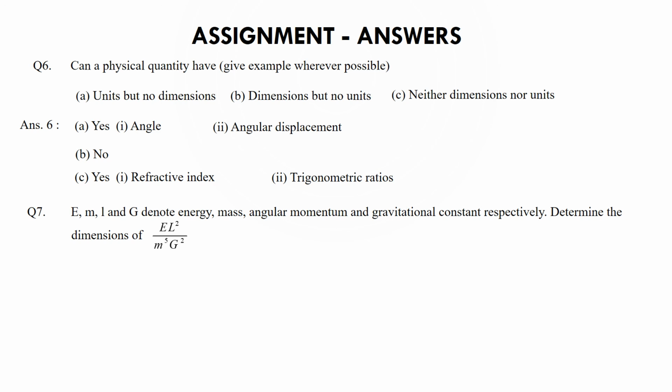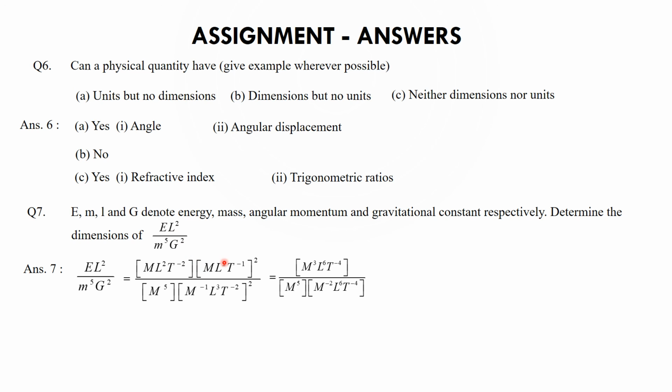Last one: I have to find out the dimensions of this term, E L square over M5 G square. E is energy, ML²T⁻², L is angular momentum, so ML²T⁻¹ whole square, M5, and G is M⁻¹L³T⁻². Children, don't confuse this L with length.